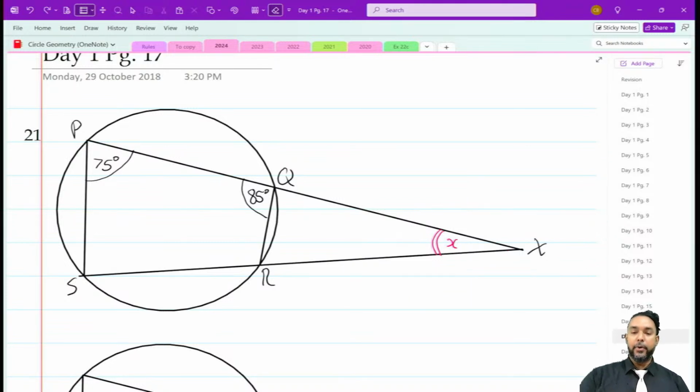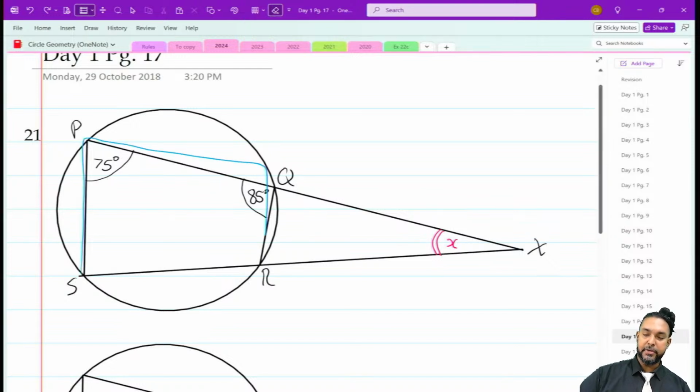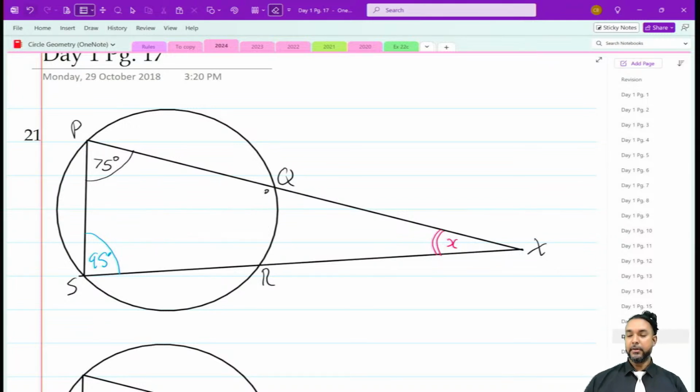Now, if we acknowledge that PQRS is a cyclic quadrilateral, we could use 85 to find the angle across here, not so? That'll give us 95, right? And if we now isolate this piece here, we have a triangle where we have the two base angles, I guess you could say. And if we have two angles out of the three, we could find the third one.